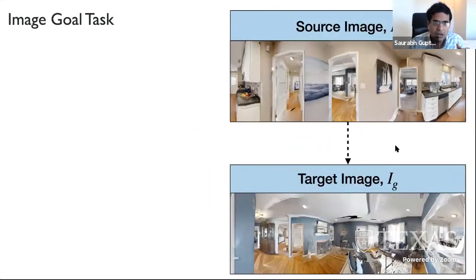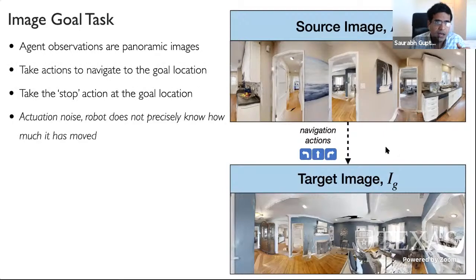In particular, because we want to understand whether we need spatially consistent representations, we are going to introduce actuation noise, which means the robot doesn't precisely know how much it has moved between steps. As it takes a step, it doesn't exactly know how much it has moved. This is actually true for real robots: if you run a robot for a very long time, eventually you will have drift.